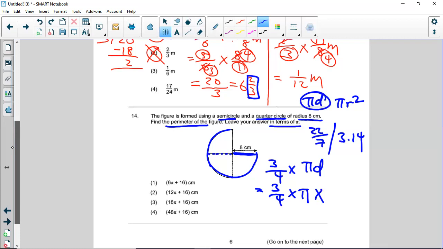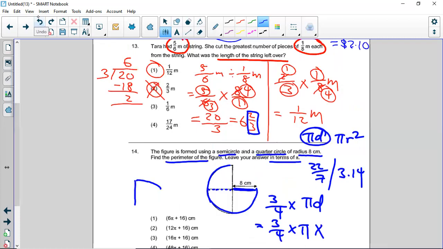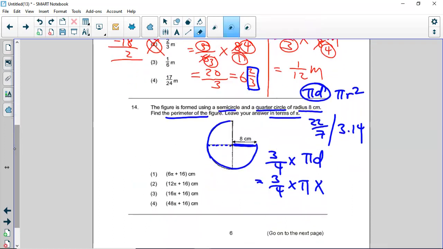So if you see a quadrant in the diagram, right? Okay, let me just show you. Hang on for a while. Let me erase. Okay, if you see a quadrant, what is a quadrant? A quadrant is what you see on the board. This is a quadrant, a quarter circle. What do you call this side?